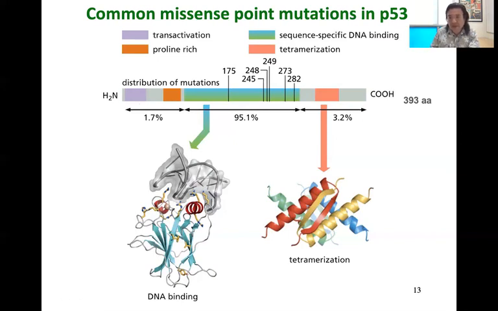In other words, people have now understood that this is the region that determines whether p53 is told to go ahead and function. We have proline-rich regions here, which we've talked about before. What's the significance of proline-rich regions in proteins? Oftentimes that helps other proteins that have domains like SH2 to bind to these proteins and help organize these proteins, bring other proteins together so that they can work together.